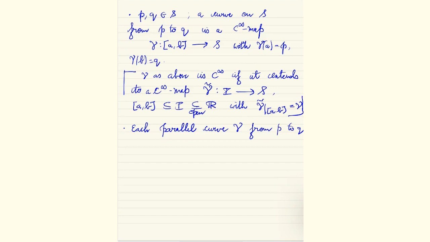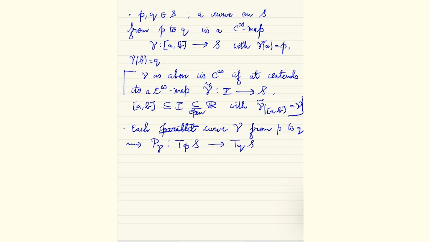After all, that is what you wanted, right? So you take a curve from P to Q, then you have a map, P gamma, from the tangent space at P to the tangent space at Q.